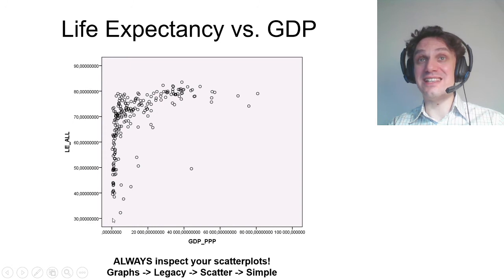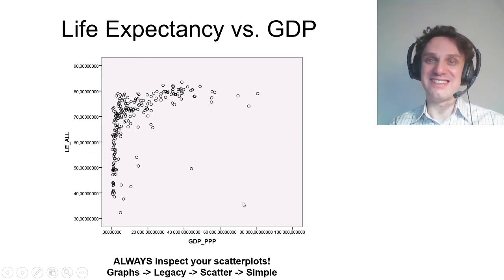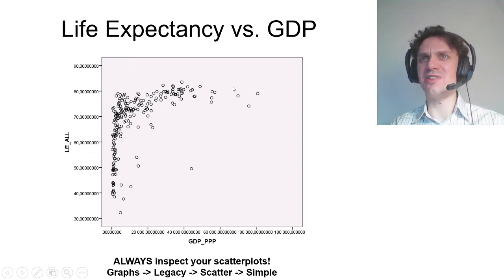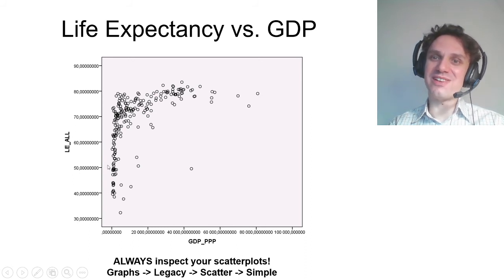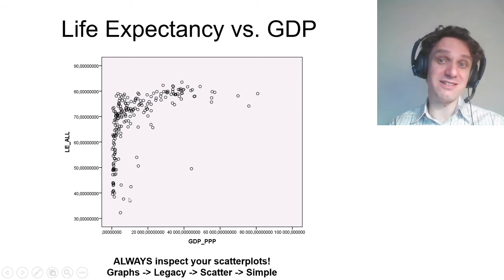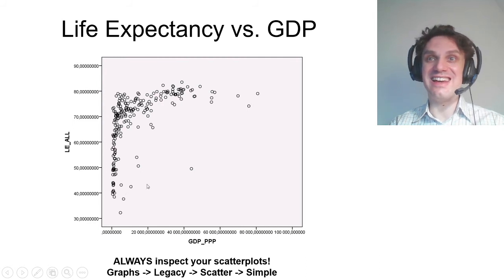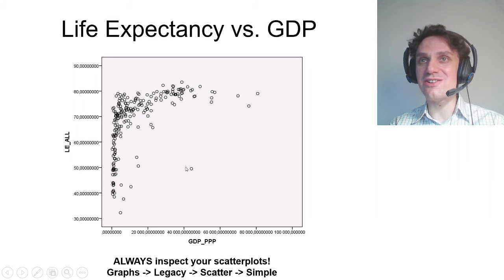So what happens if we look at this scatter plot? Clearly this association is probably not linear. It looks more like an inverted hyperbolic function, and there is a strange country which is probably an outlier. I don't know which country or territory it is.